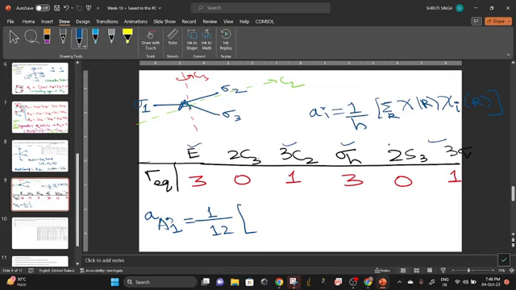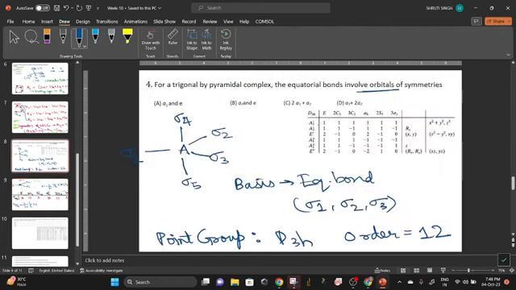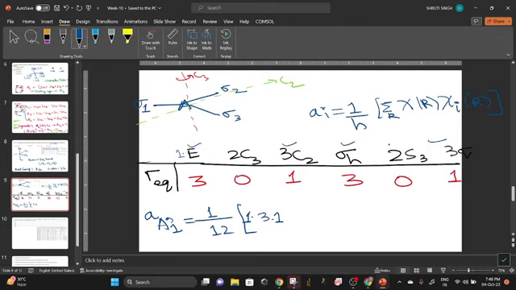Because even if I multiply anything with 0, it will be 0, so I'd better not write that term. So 1 into 3, because the coefficient is 1, into 3, and the character under A1 dash is 1. Here all the characters are 1. It is totally symmetric, so I will simply write 1 for each.